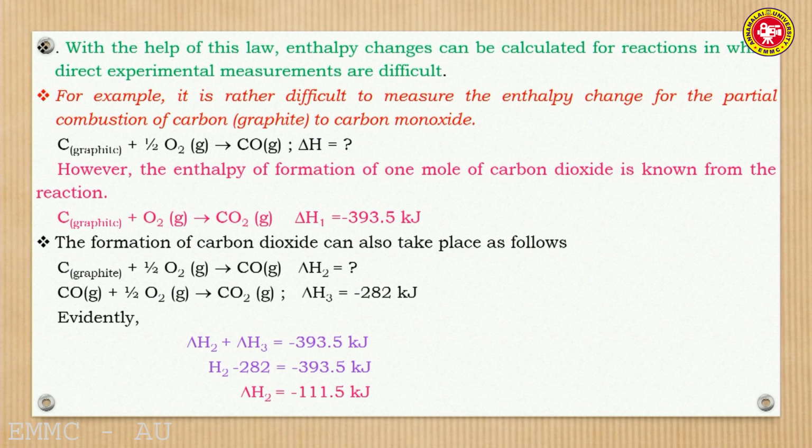So, considering delta H2 and delta H3, the addition of delta H2 with delta H3 gives minus 393.5 kilojoule. So we may calculate the delta H2 value: delta H2 minus 283 is equal to minus 393.5 kilojoule. Automatically, we calculate the delta H2 value as minus 111.5 kilojoule.